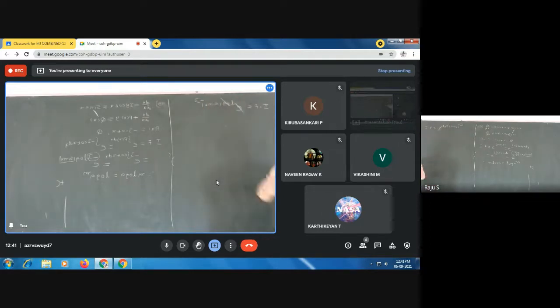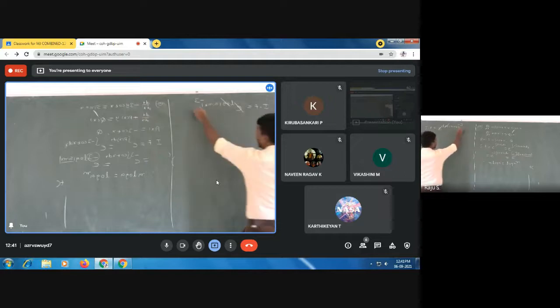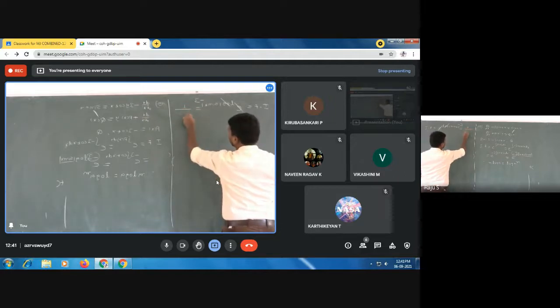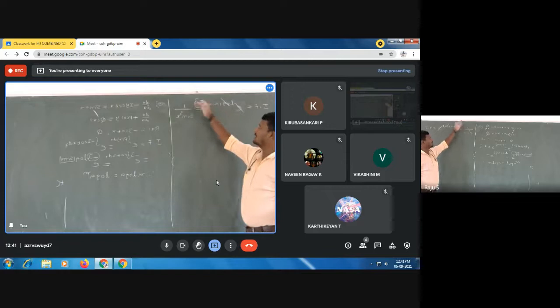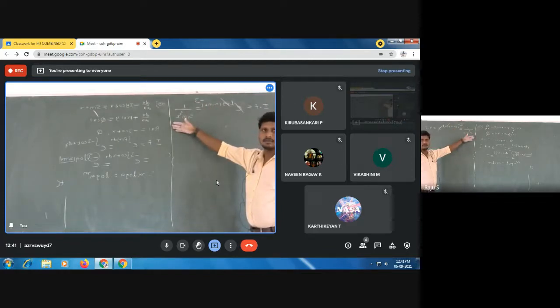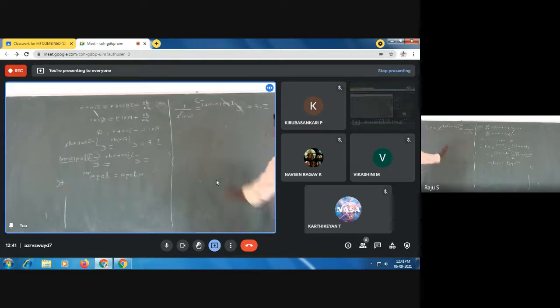Now the log goes away. So finally, what is the integrating factor? 1 by sin cube x. Sin x to the power minus 3 means 1 by sin x whole power 3, that is sin cube x. Got it? This is the integrating factor.